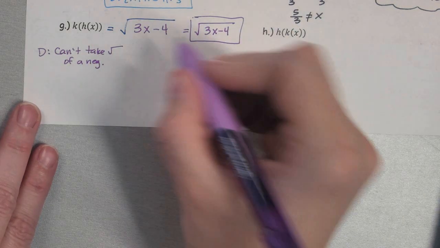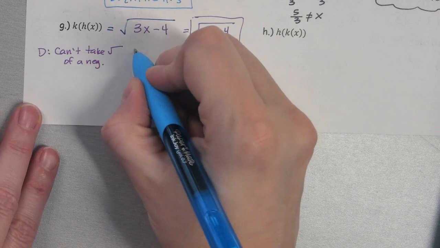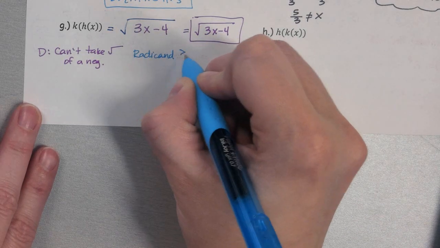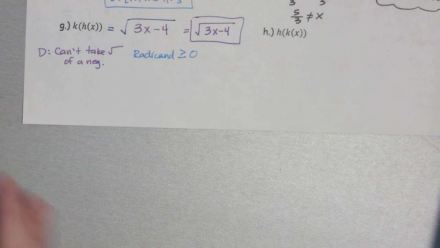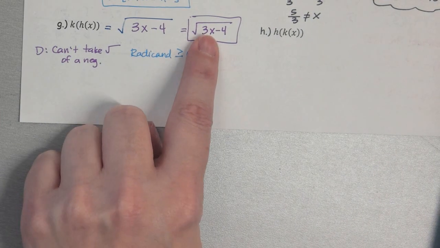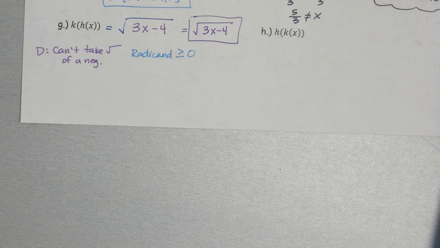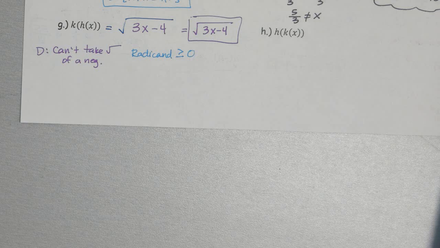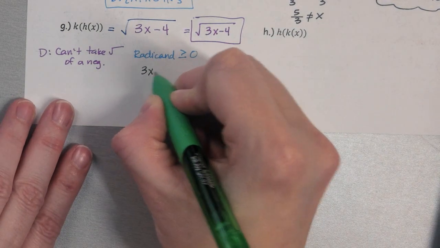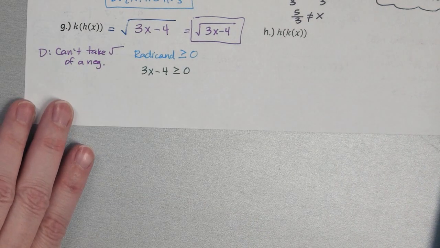The way that we set this up is we take the radicand, which is the value underneath the radical, and we set it greater than or equal to 0. Again, it's equal to because if it's 0, that's fine. The square root of 0 is 0. You can calculate that. So the radicand is what's underneath. So underneath the radical is 3x minus 4. So we're going to set that greater than or equal to 0.